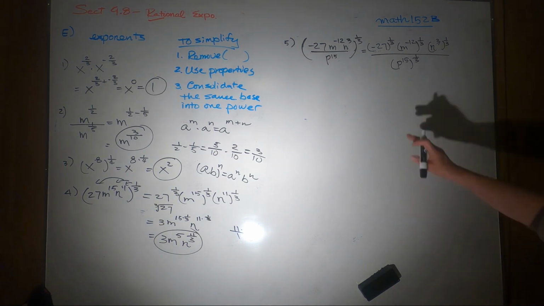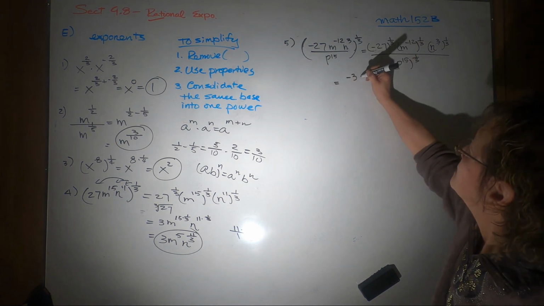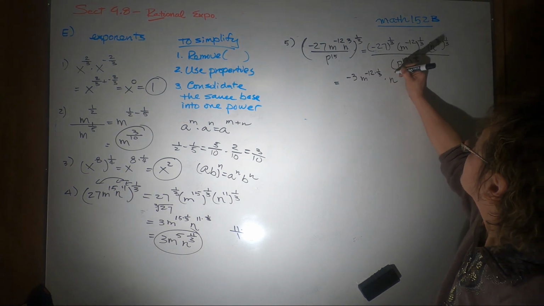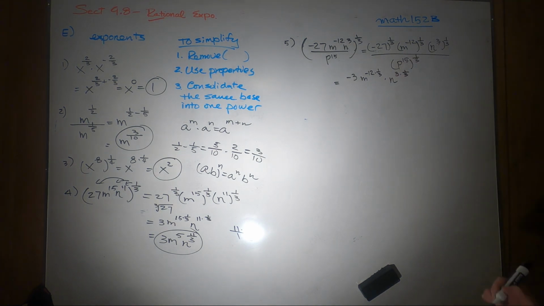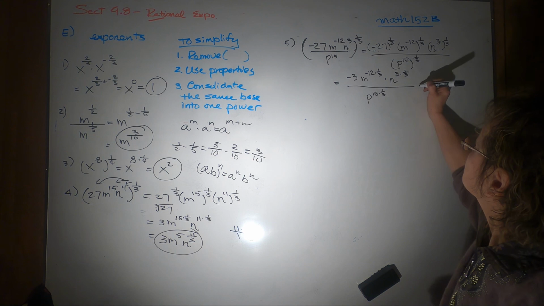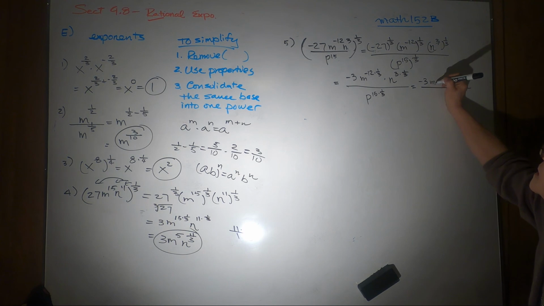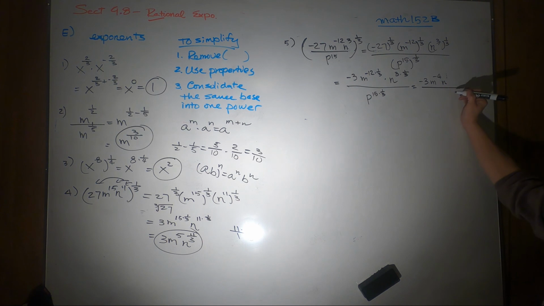Then negative 27 to the 1/3 is the cube root, that's negative 3. Then here, power on power property, so you have to multiply your powers. So that would be negative 3, m to the how many? Negative 4, right? n to the how many? 1. p to the how many? 5.